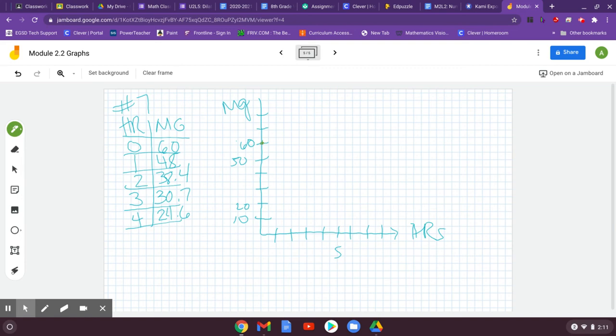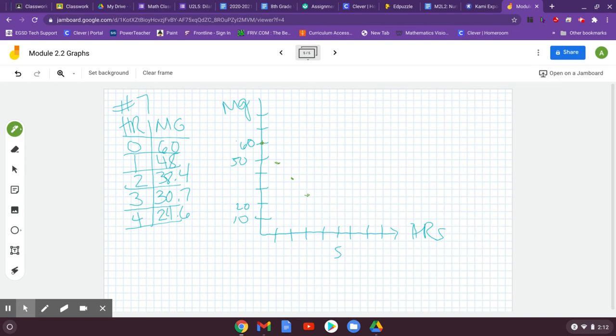1 is 48, so it's just below the 50. 2 is 38 point something, so that's a little bit below the 40. 3 is 30.7, so that's just about right on that 30 mark. And 4 is 24. Oh, did I do that one too low?